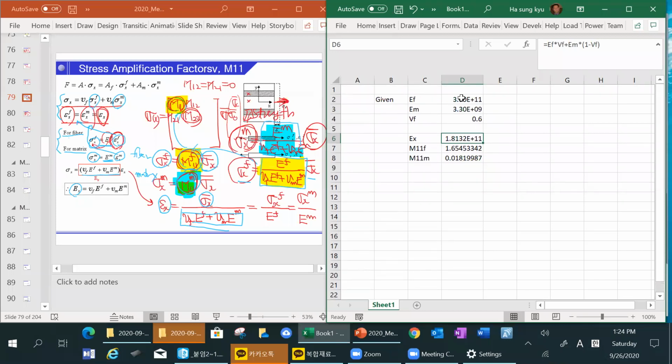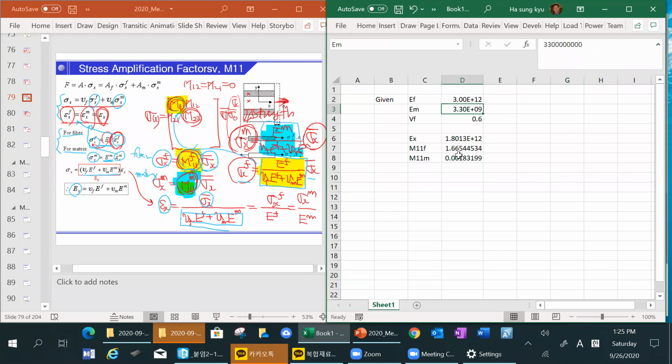When this value, fiber stiffness, gets increased, see what's happening. It's a very high number.